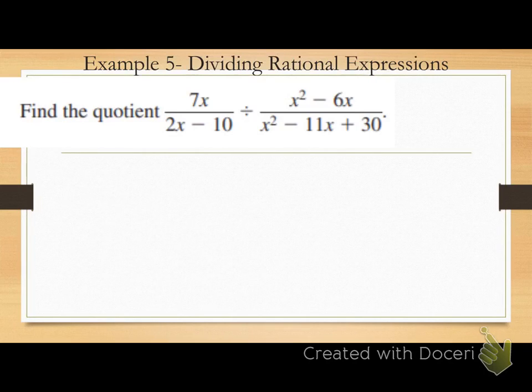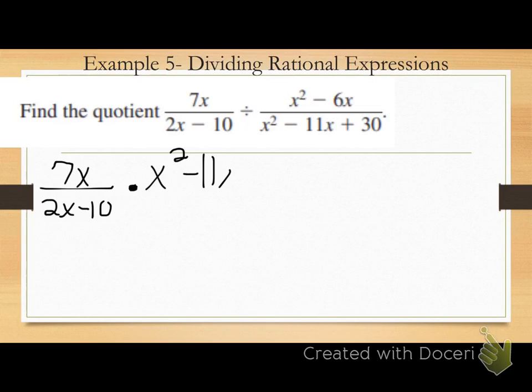Keep, change, flip. Keep the first one the same. Change from division to multiplication. Flip the second fraction, take the reciprocal of it. So I get x squared minus 11x plus 30 over x squared minus 6x.